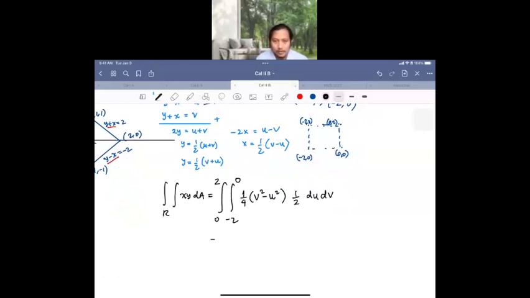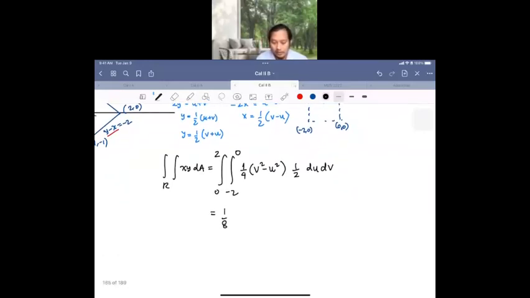Okay, we could start by factoring out 1 over 8. And then we take the integration with respect to u.